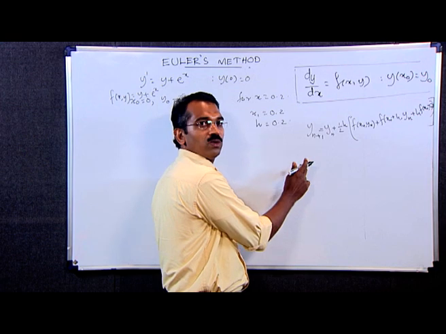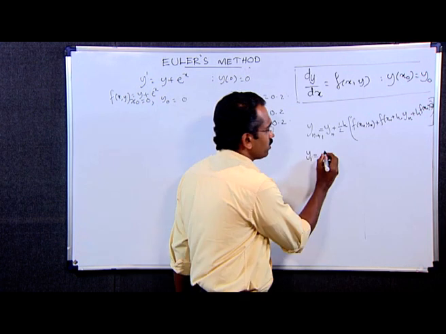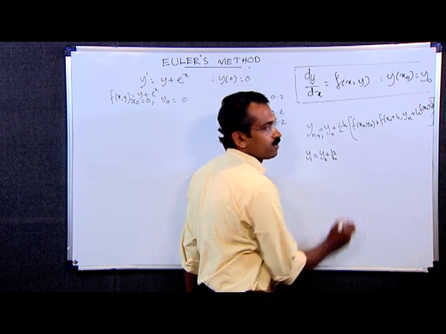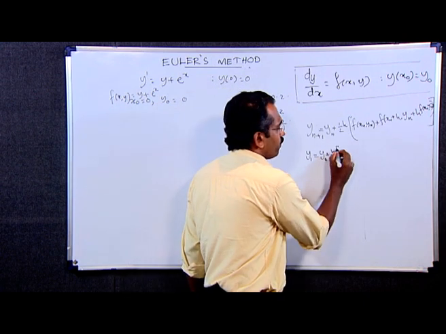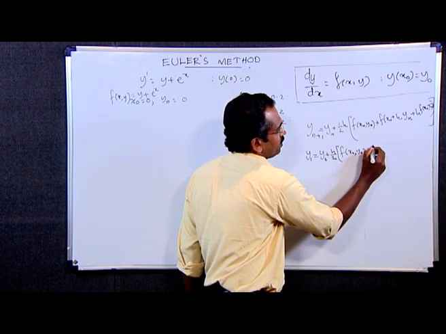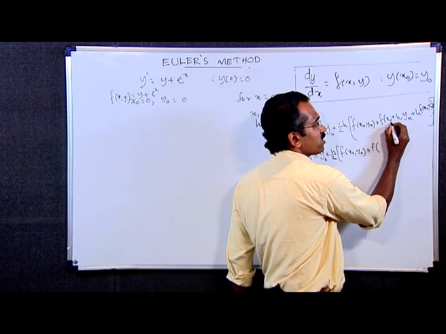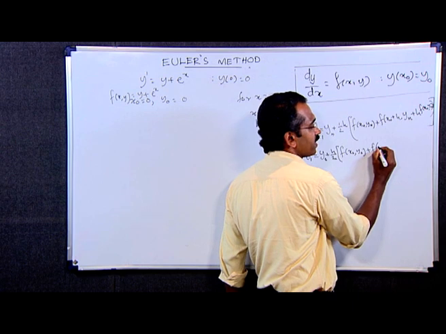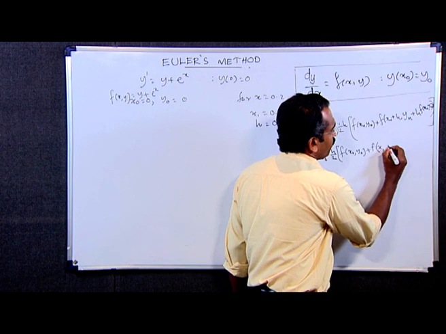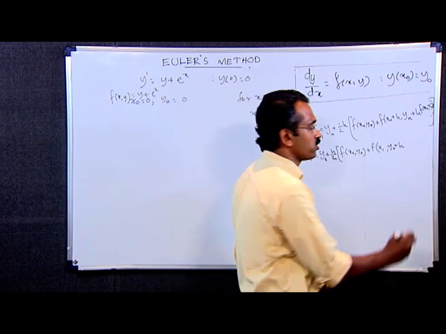For n equal to 0, we have y1 is equal to y naught plus 1 by 2 into h into f of x naught y naught plus f of x naught plus h. Here x naught plus h is x1, comma y naught plus h into f of x naught y naught.